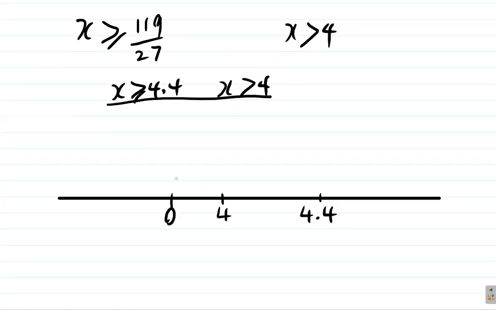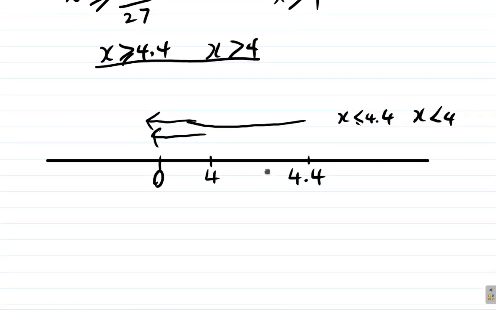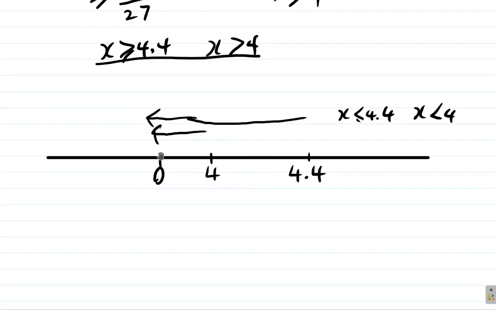So x less than 4.4 this way, and x is also less than 4. If x is less than or equal to 4.4 and x is less than 4, then any number that is less than 4 should work. Alright?